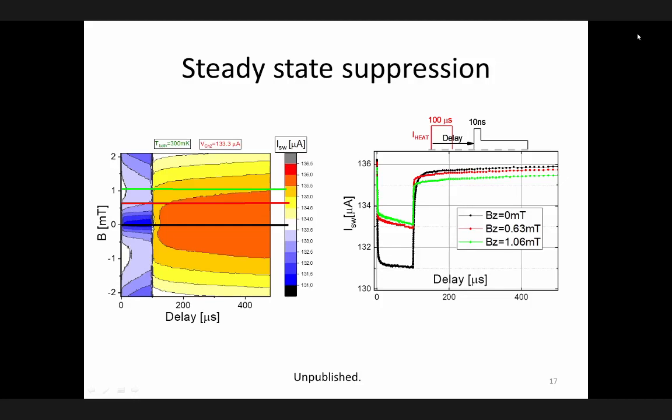So you arrive at some steady state result. Then you can apply a magnetic field, half a millitesla, and you suppress it significantly. Then you can increase it. These are still very small fields, but you double it, and it doesn't change too much. So we have this kind of effect. On one hand, we see vortices play a role, but on the other hand, we can't really kill all quasi-particles.